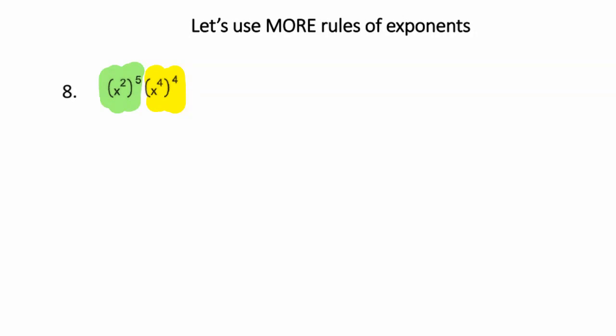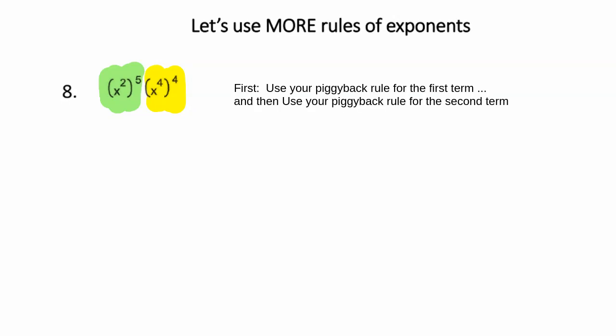First, use your piggyback rule for the first term, and then use your piggyback rule for the second term. The first term is going to be my green term. My second term is my yellow term.